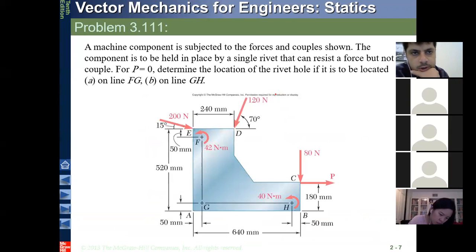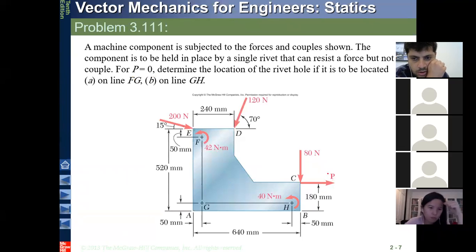Okay, in the next question, we have a machine component that is subjected to several forces and couples in the system. You can see it in the figure. And all these forces have a resultant force and a moment around any point in the space. So we have a known force here, P, that in the question it is said that imagine it is 0.